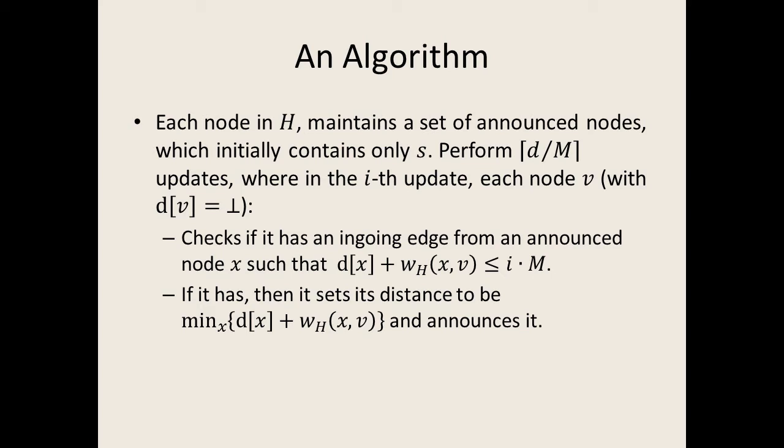In more detail, in the ith update, each vertex whose distance has not been set yet checks whether it has an ingoing edge from a previously announced node x, such that this condition holds. If this is indeed the case, then v must belong to the ith layer, and so we can update its distance accordingly and announce it.